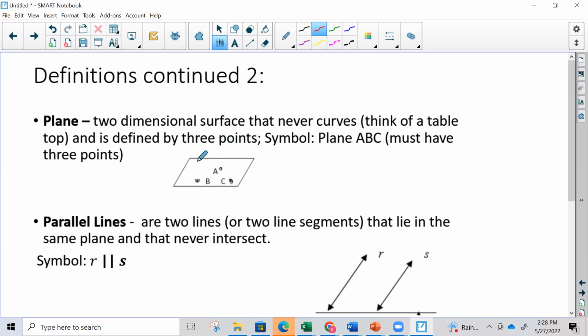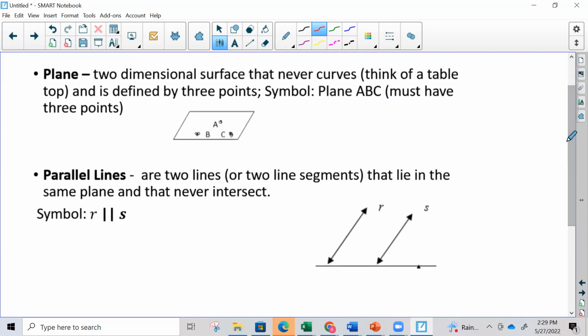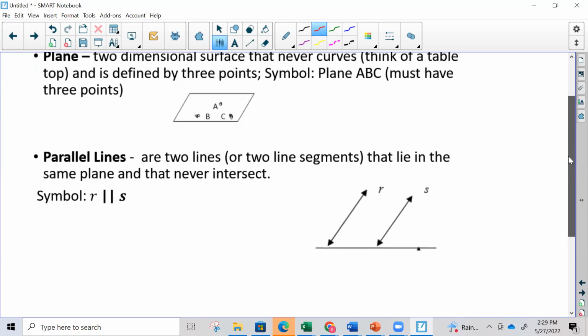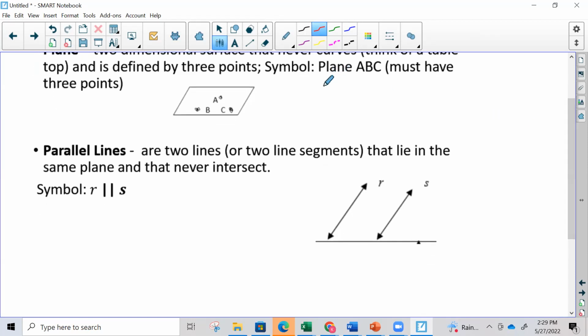And technically this plane goes on forever in all directions. So how we name a plane is we use 3 points on that plane. You also could name it with 4. 3 and 4 are the most common. You could technically name it with more, but it has to be at least 3 points. So this plane would be ABC.